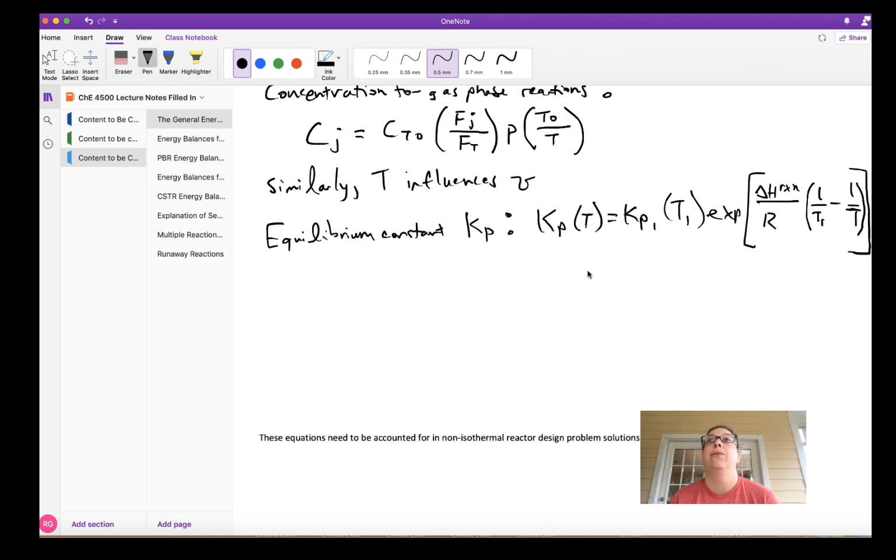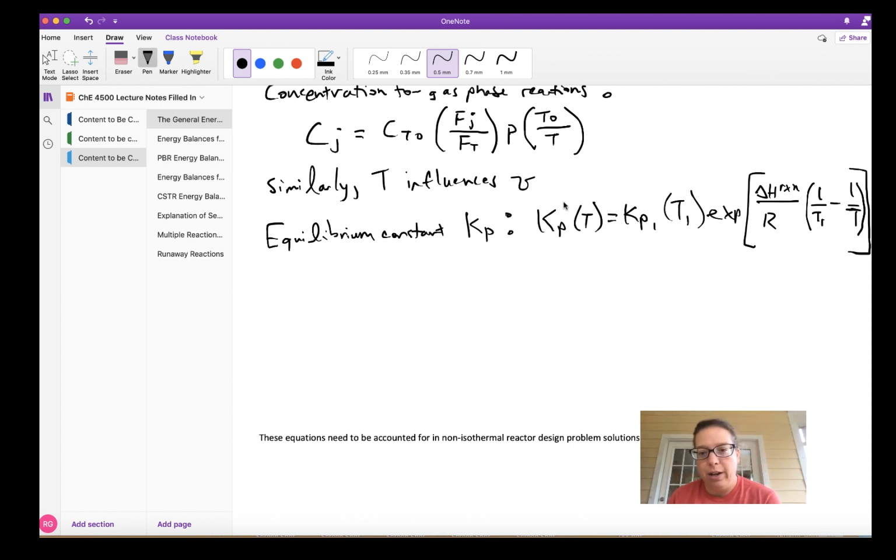To be honest, if we are looking at a non-isothermal reaction, a lot of times we have to worry about the equilibrium constant because once we change the conditions, we risk getting into a regime where the reaction is no longer irreversible. For an isothermal reaction, we can say it's irreversible because under the conditions it's being run, the reverse reaction isn't going to come into play.